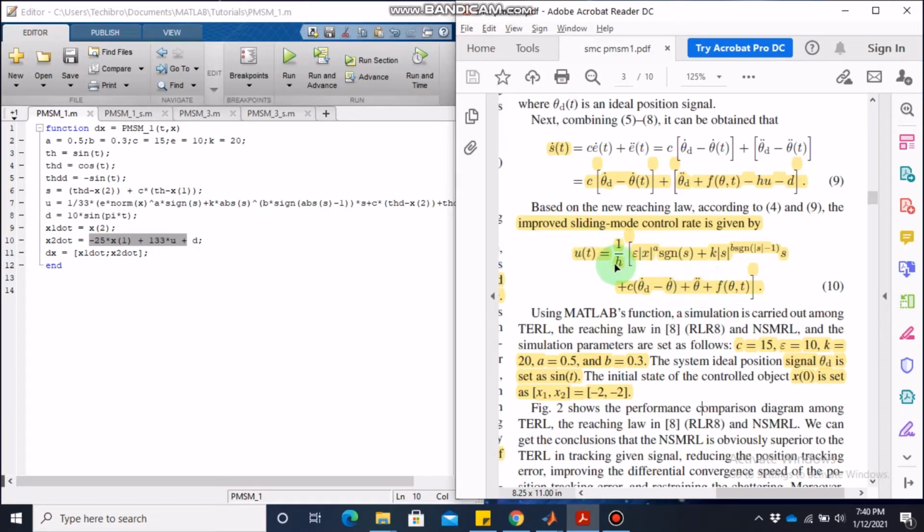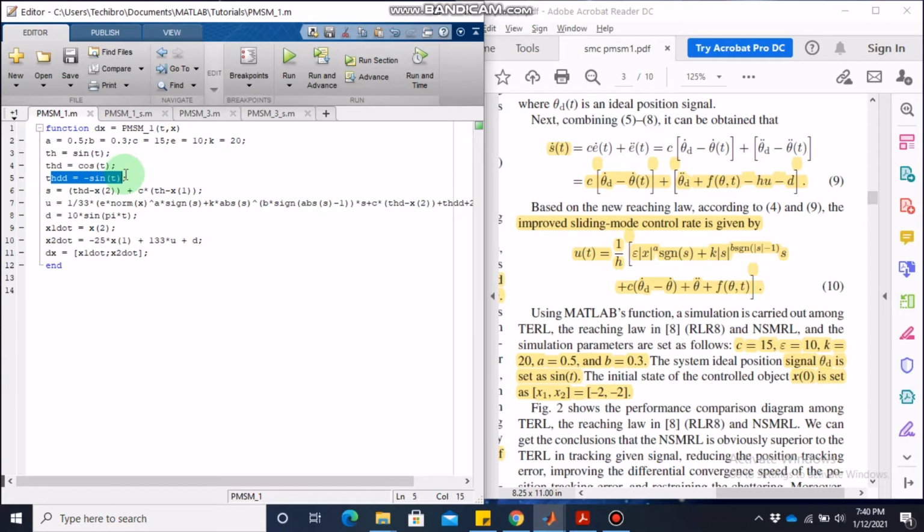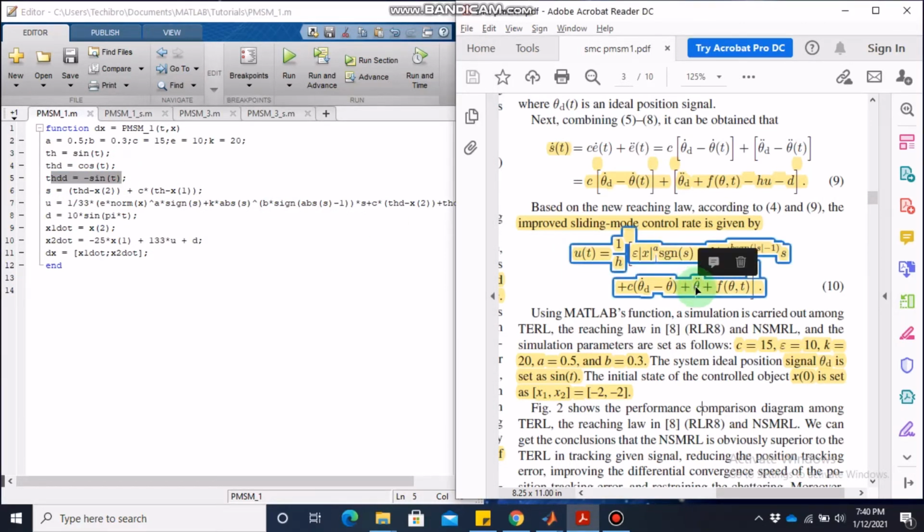So anyways, in my code I have used the derivative of the desirable value of theta. So instead of the double derivative of the actual value of theta, I have used the double derivative of the desirable value of theta in the control equation.